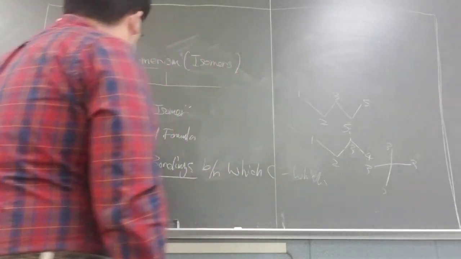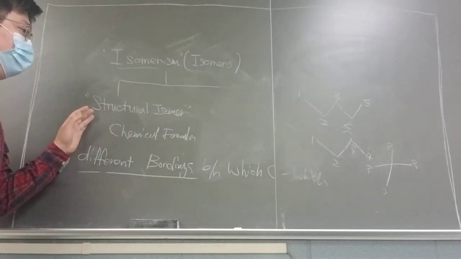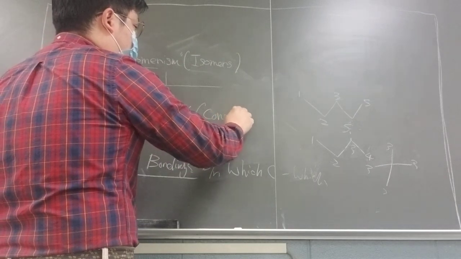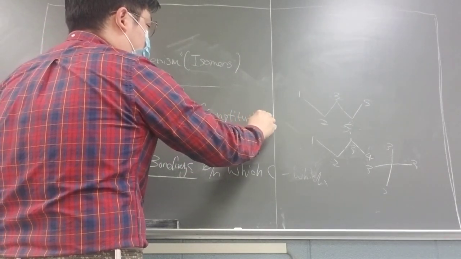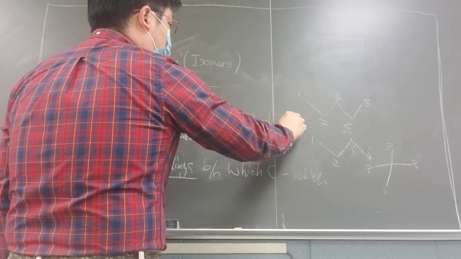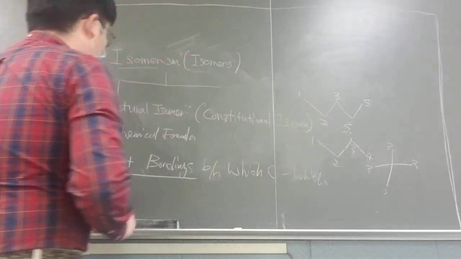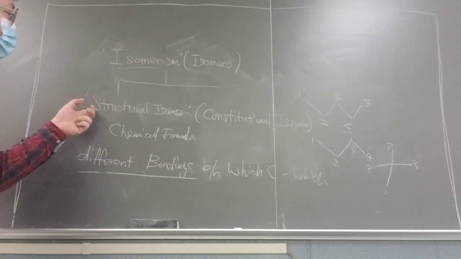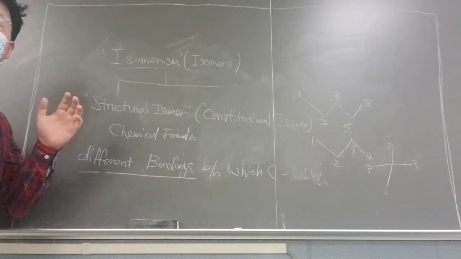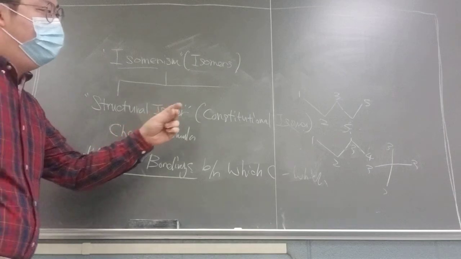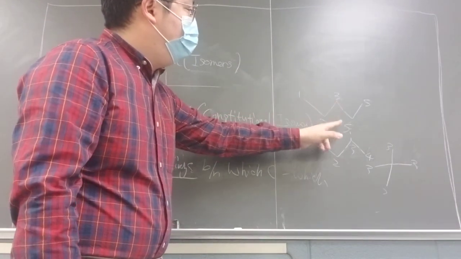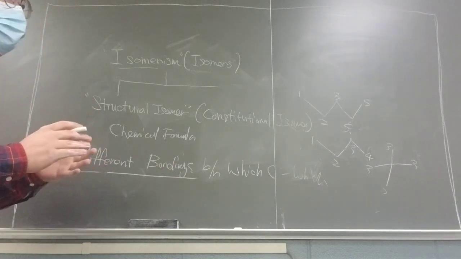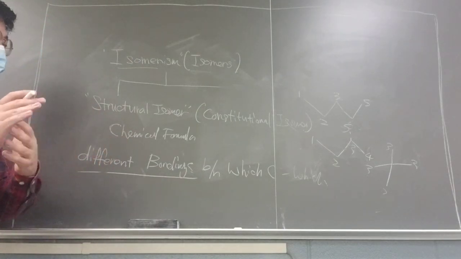So we call them structural isomers or constitutional isomers. They mean the same thing. Even though that compound has the same chemical formula, if it's structurally different, the physical properties of those are different, because if their structure is different, the physical property also changes.